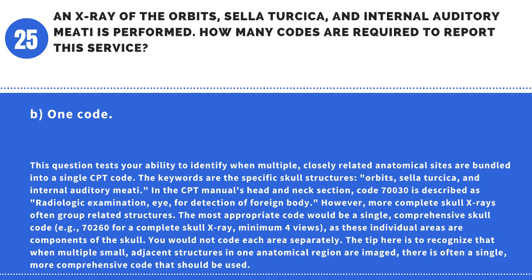However, more complete skull X-rays often group related structures. The most appropriate code would be a single, comprehensive skull code, e.g., 70260 for a complete skull X-ray, minimum 4 views, as these individual areas are components of the skull. You would not code each area separately. The tip here is to recognize that when multiple small, adjacent structures in one anatomical region are imaged, there is often a single, more comprehensive code that should be used.